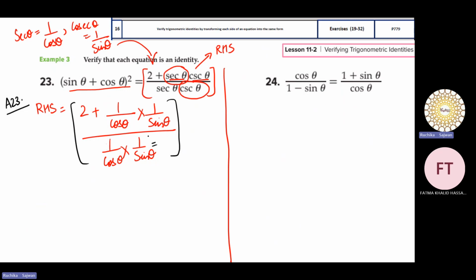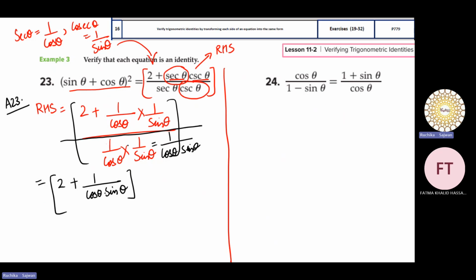Can I say in the next step, the denominator will simplify to 1 plus cos theta and sine theta multiplied, so that I could take LCM and then simplify. So in the next step, this division, I'm going to change to multiplication. Okay, so just see how I'm simplifying. Cos theta, sine theta, and I'm sure you are able to see that something is coming common in numerator and denominator, which will help us to simplify the question in the next step.